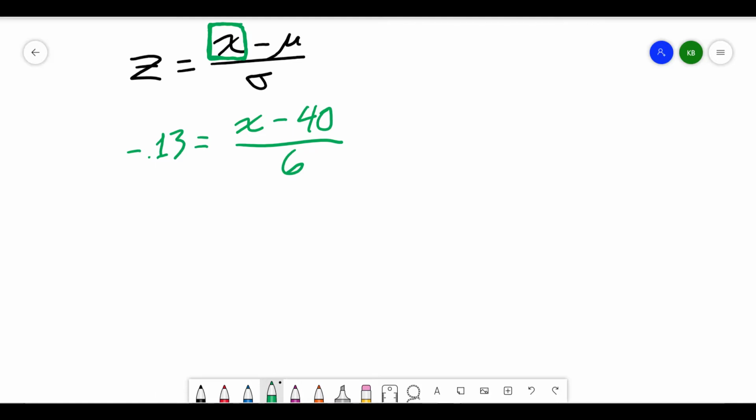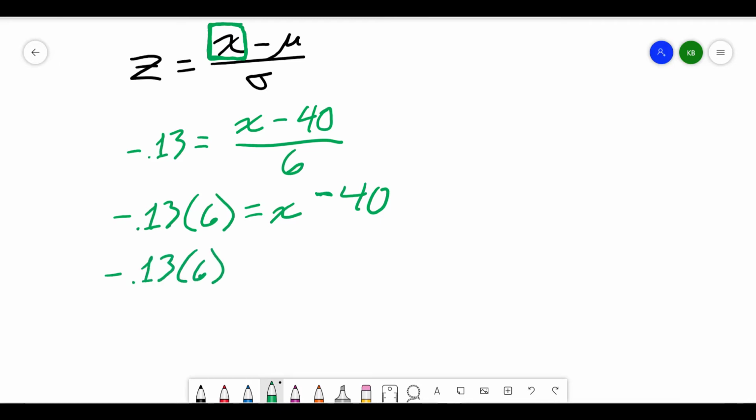Now all I have to do is solve for x. Multiplying both sides by 6, I get negative 0.13 times 6 equals x minus 40. Adding 40 to both sides, I get negative 0.13 times 6 plus 40 equals my x value. If I solve that, I find that my x value is about 39.22.